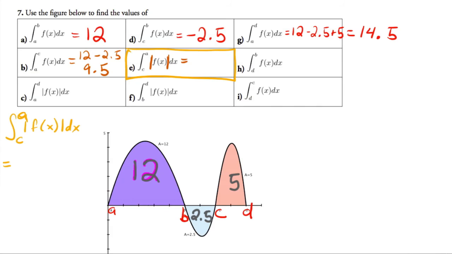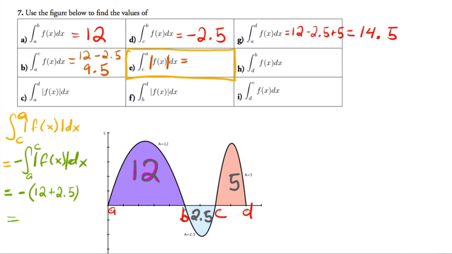So this is equal to negative the integral from a to c. You have to use that property to switch the limits of integration. And then now you can find the integral from a to c. Since it's absolute value, it's going to be 12 and then this one that's negative is basically going to be bounced up here, so it's going to be positive area, because you're talking about the absolute value of f of x.